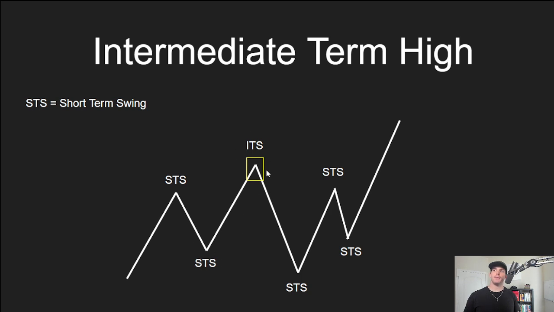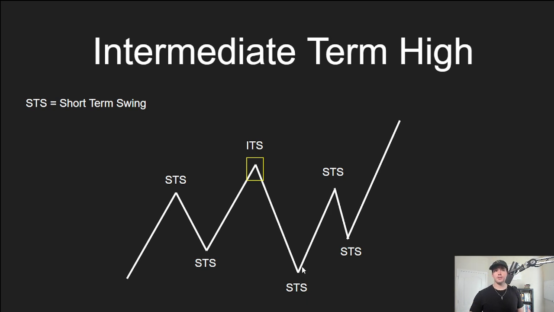So this now becomes an intermediate term swing. Once we broke this low, this was just considered a short-term swing. Now, once it trades above this high, this would flip and then be considered an intermediate term swing.